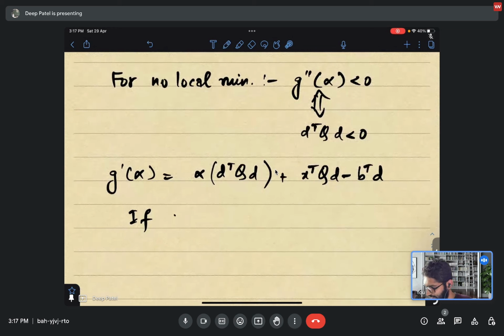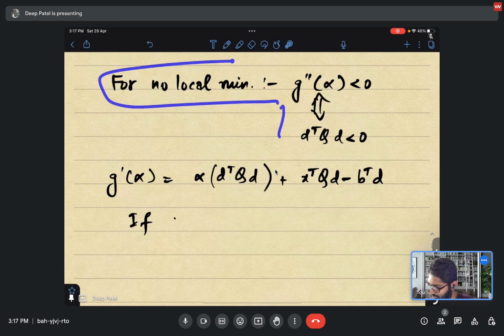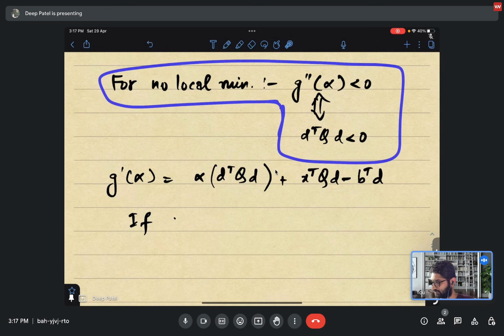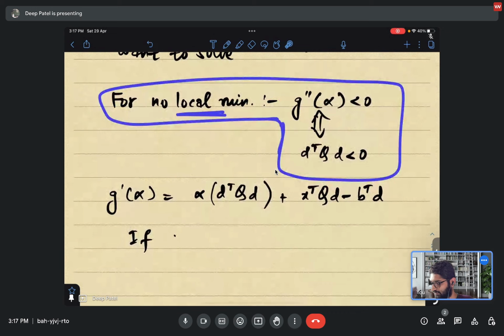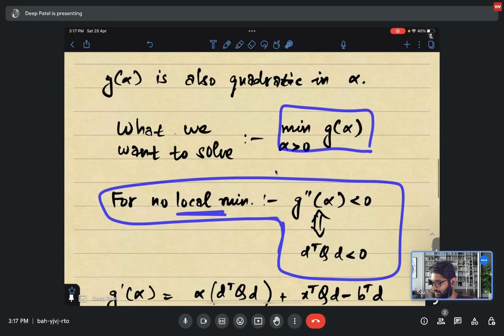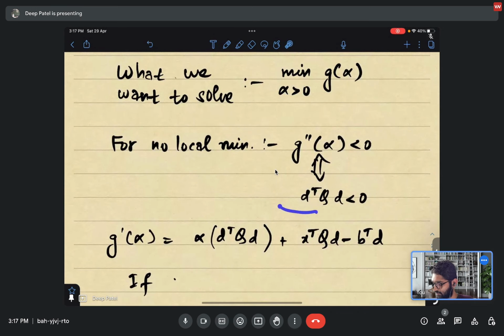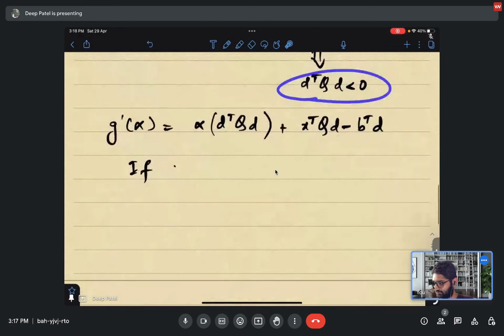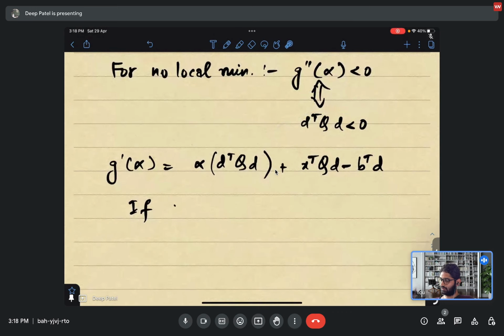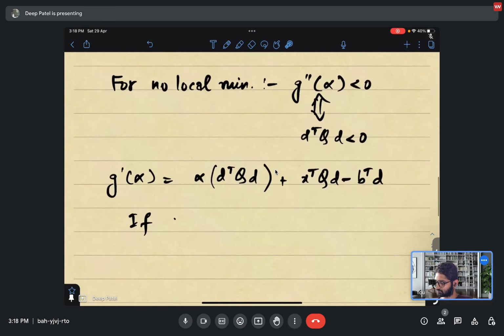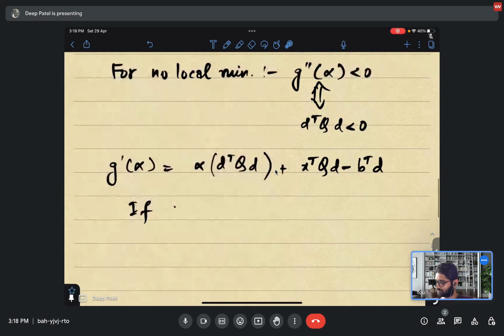Right. So I'll use this information. First obvious observation is, for no local minima to exist for this problem, I will have d transpose Qd less than 0. Okay.